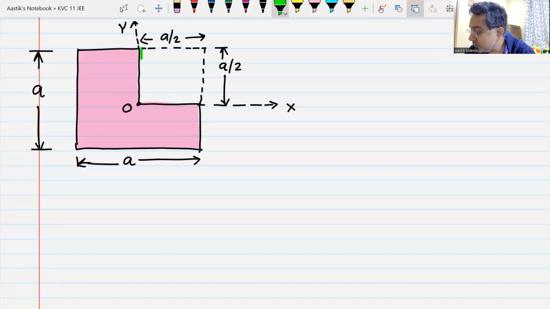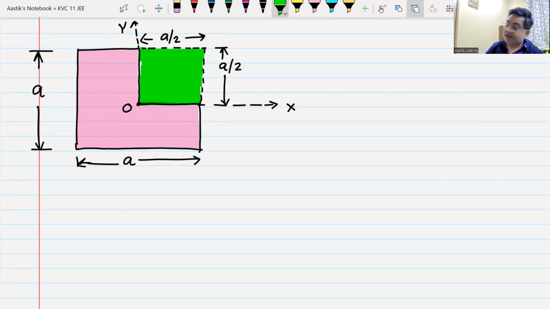Let me color them differently so that you understand that the pink part is the part in which material is present. The green part is the part from which material is removed, there is no material there. You have to find the center of mass of whatever is remaining, in the form of an L shape.